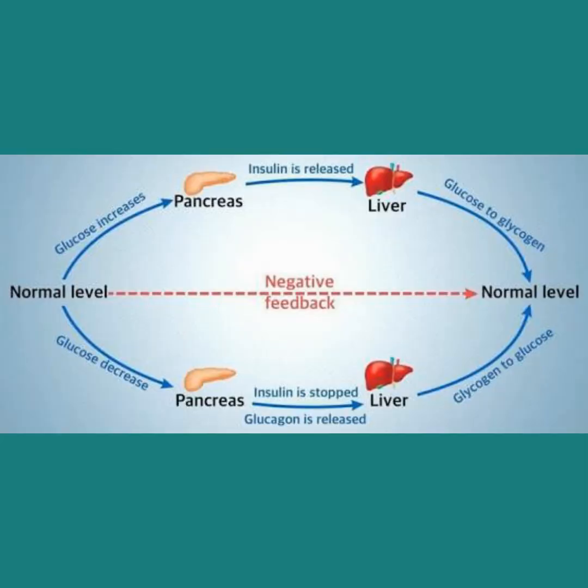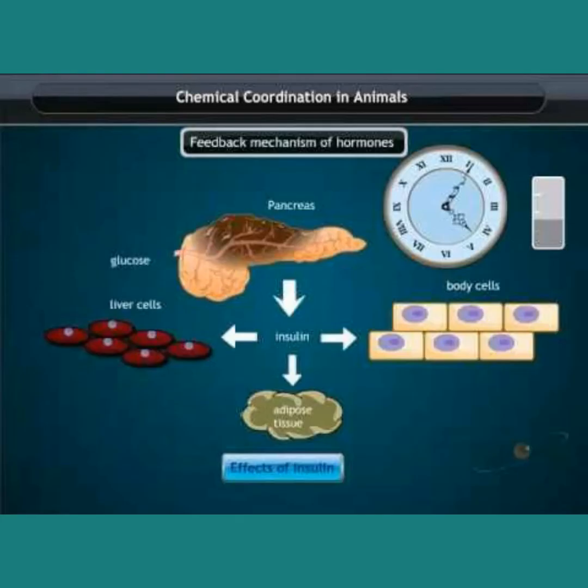As we already discussed the example of the blood glucose concentration: when it rises, the pancreas secretes insulin, and insulin decreases the blood glucose concentration, setting it to a normal set point.